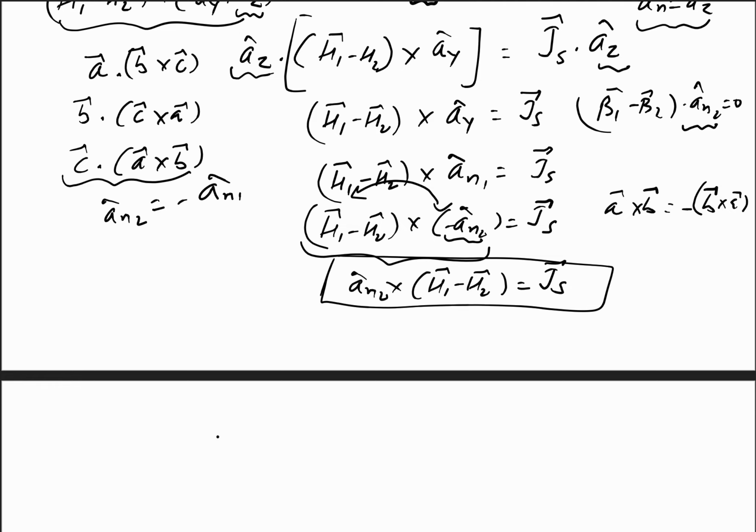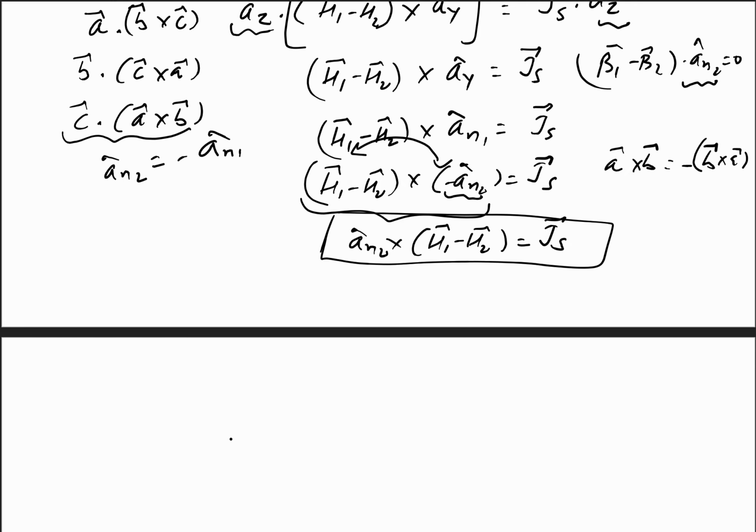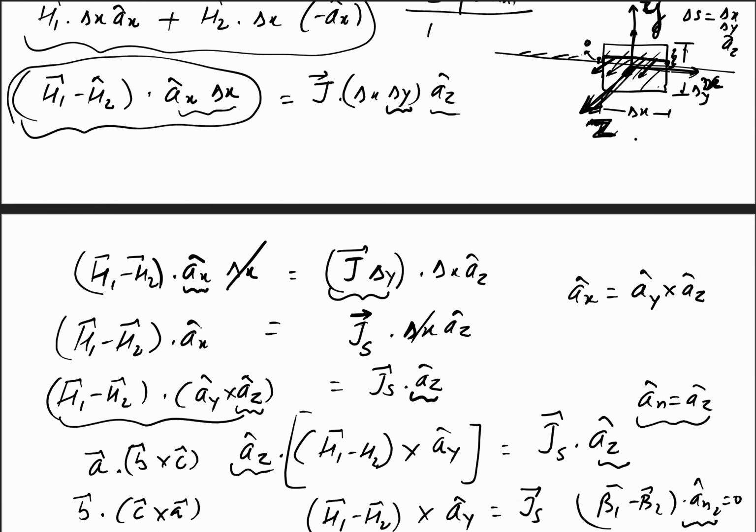Means now you can see H1 cross an2. If this is medium 1, this is H1, and an2 was like this. So H1 cross an2 is going to give us only the tangential component of this field. So this is the normal component. If let us say the field is like this along the interface, this is the normal component, this is the tangential component.